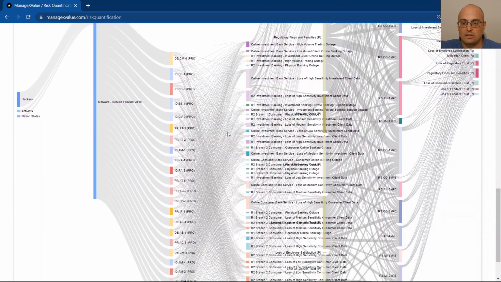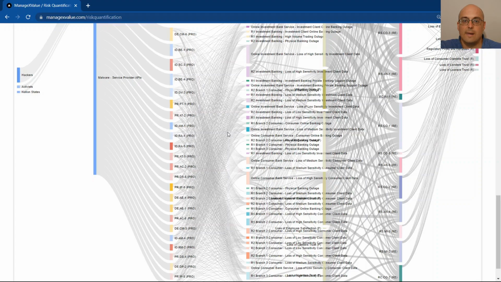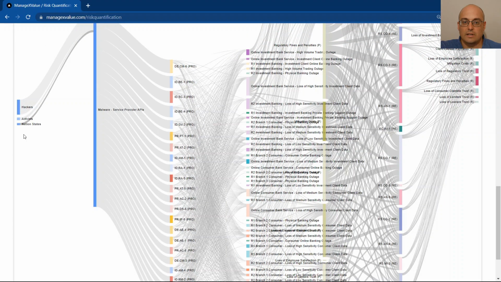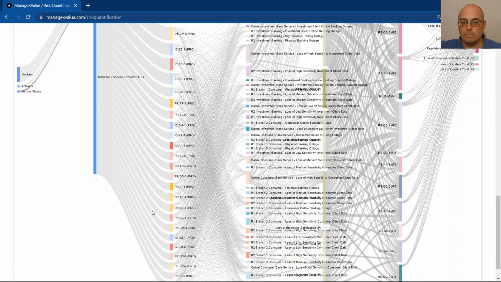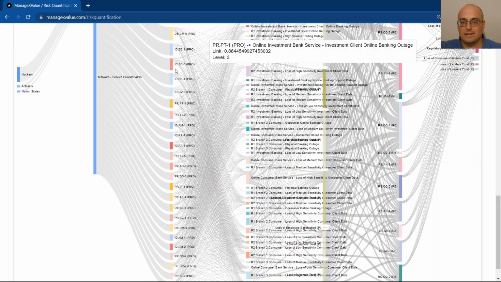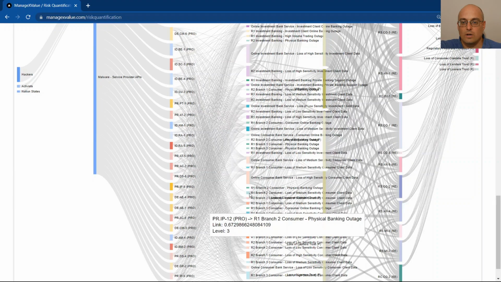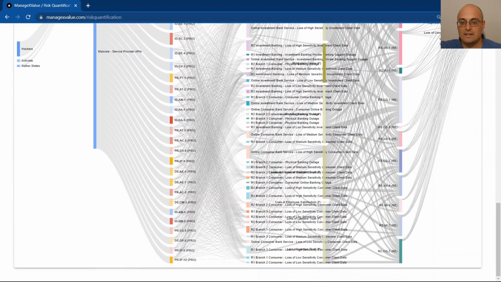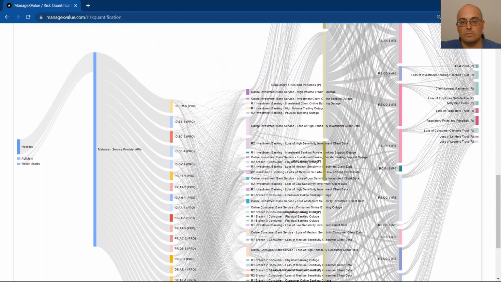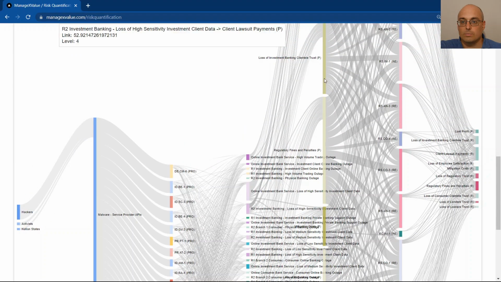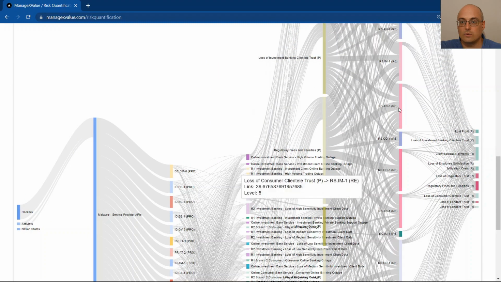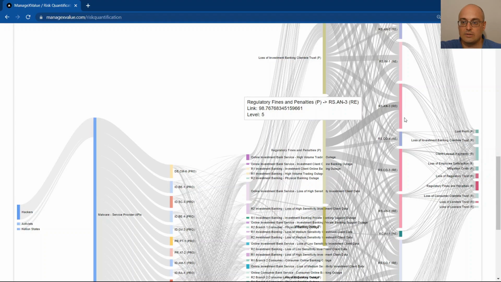You can see here how connected everything is: who can potentially target the service provider APIs with malware, what are the proactive capabilities that can mitigate this type of threat, what are the potential risk events in various reporting units, what is the potential impact, what are the reactive capabilities that can mitigate those, and ultimately we end up with the residual risk, or residual impact, if you like.